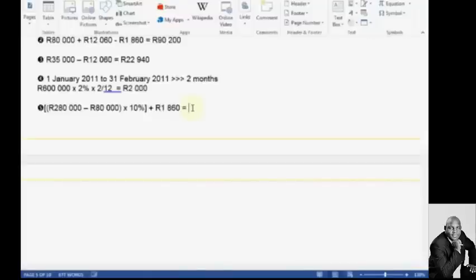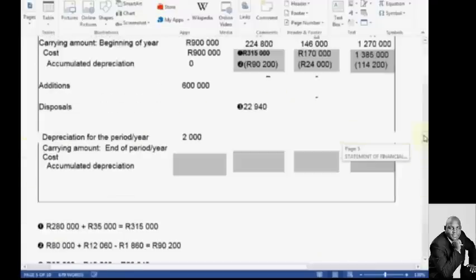Okay, it's going to be 280,000 minus 80,000 times 10%, plus 1,860. It's giving me 21,860.